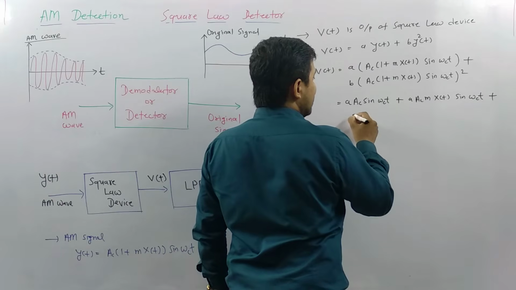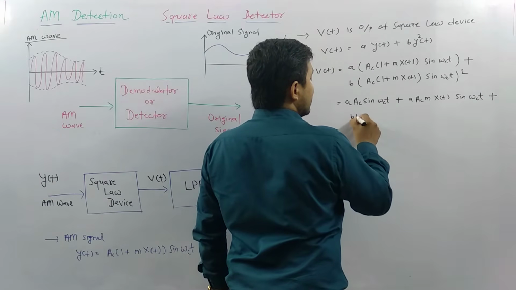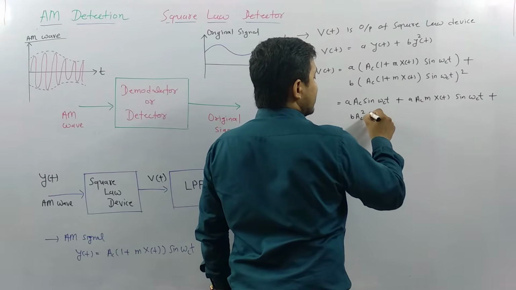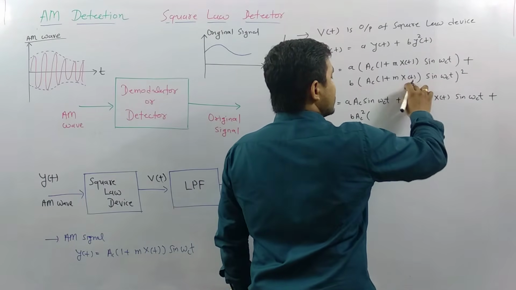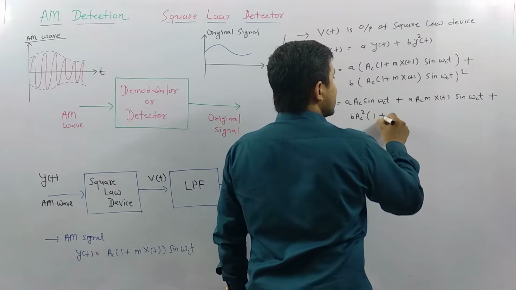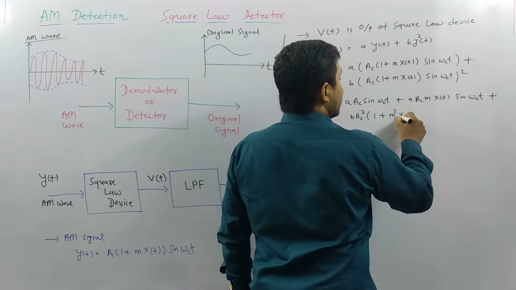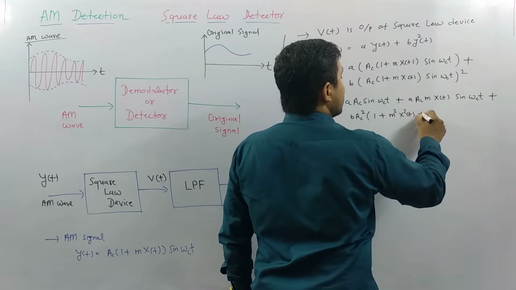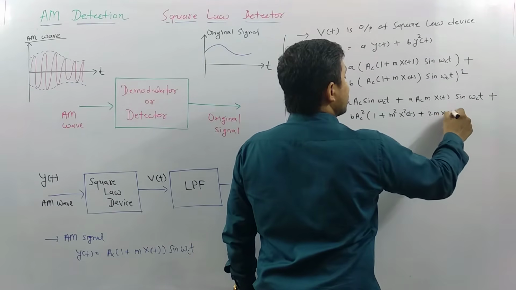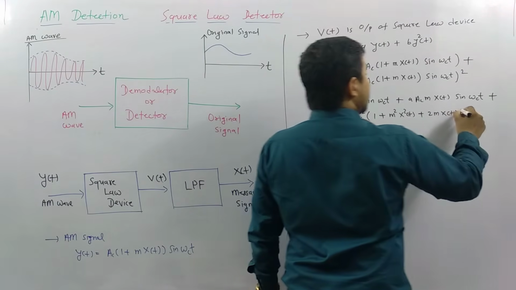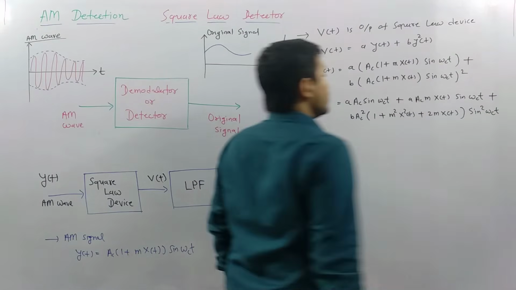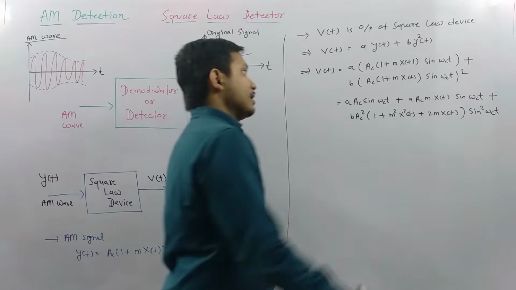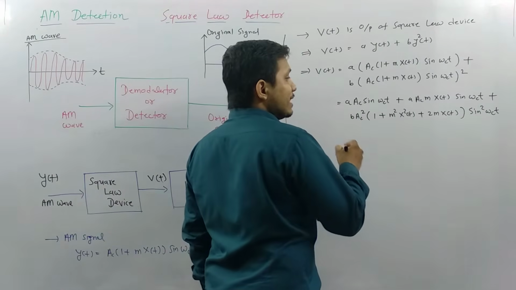So this term will be B AC square into, first I will be doing square of this counts, so that is 1 plus m square xt square plus 2 mxt, and that into sine square omega ct. Now again further simplify that.